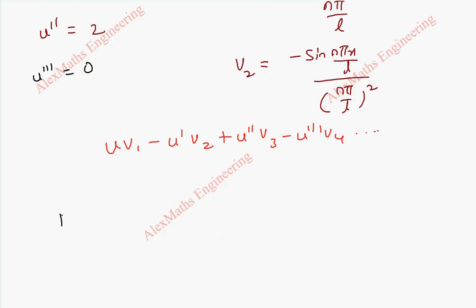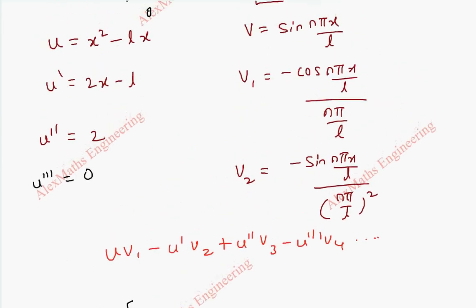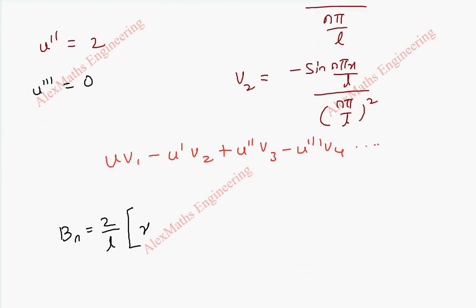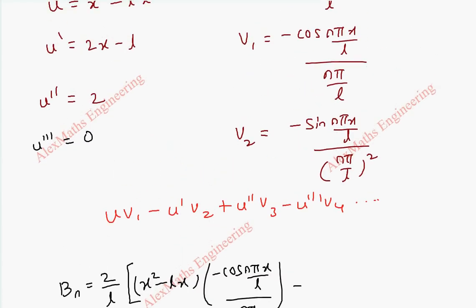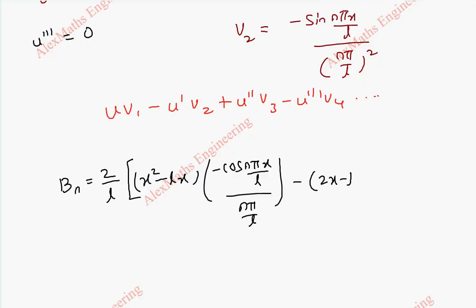So we have Bn equal to 2 by L, now u, which is x square minus Lx, into v1, which is minus cos(n pi x by L) by n pi by L, minus u dash. U dash is 2x minus L into v2. So v2 is minus sin(n pi x by L) by (n pi by L) whole square.